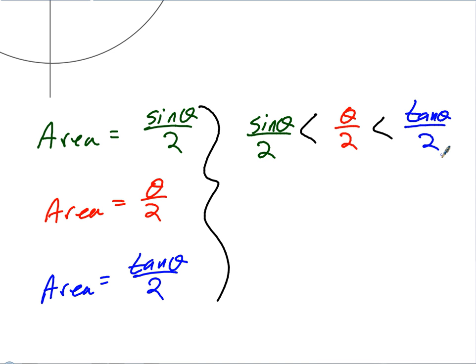Okay, now let's do some algebra with this. I'm going to multiply all 3 expressions in this triple inequality by the reciprocal of the first expression, so I'm going to multiply them all by 2 over sine theta.